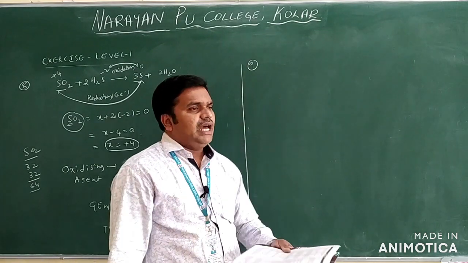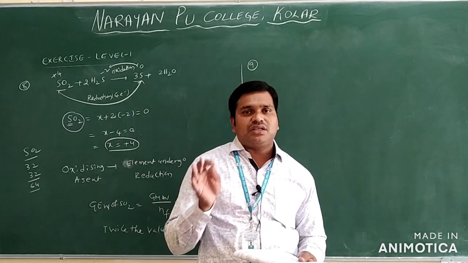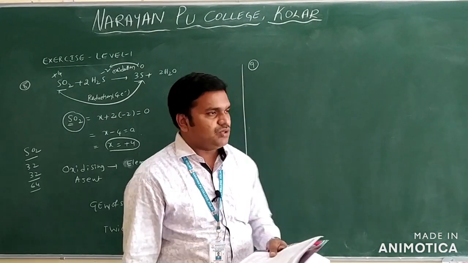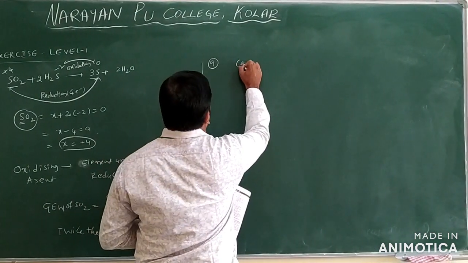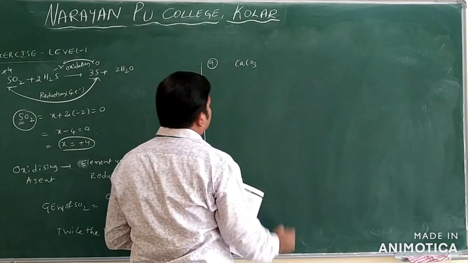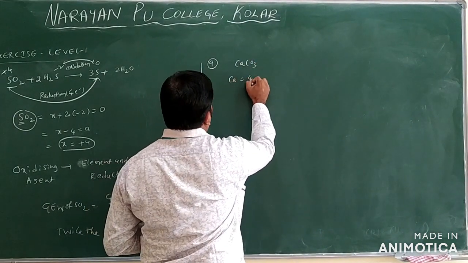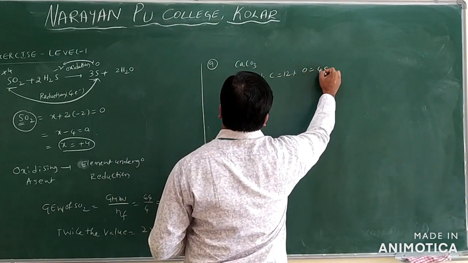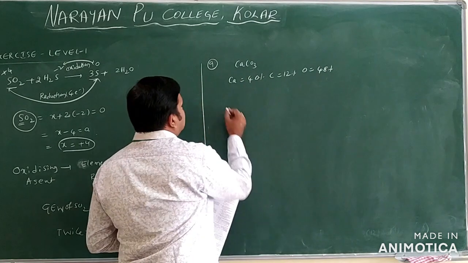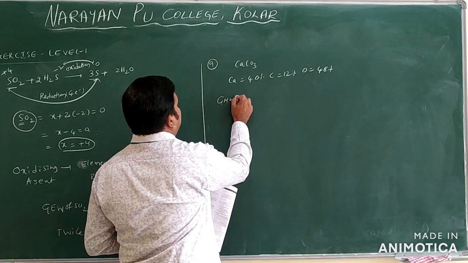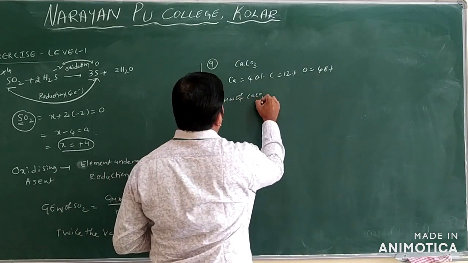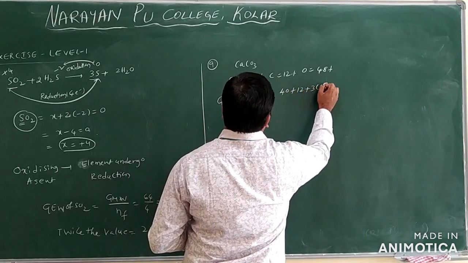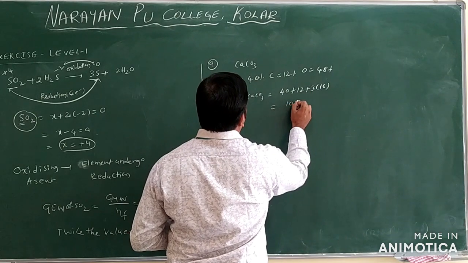The compound we have is calcium carbonate. Calcium is 40, carbon is 12%, and oxygen is 48% only. So the gram molecular weight of CaCO3 is calcium 40, carbon 12 and 3 into 16.